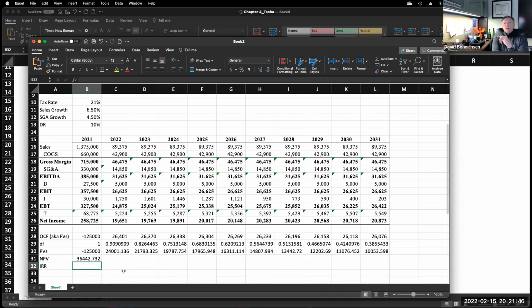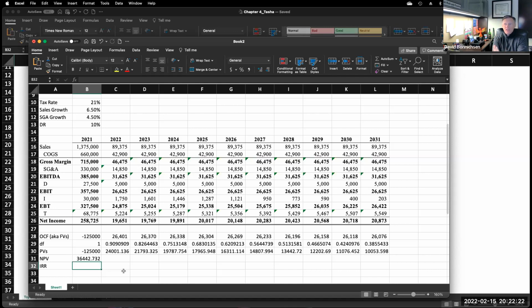So if we're trying to determine what discount rate is needed in order to set net present value dollars to zero, then we need to use the undiscounted future values, right? If we use the discounted future values, we're already accounting for some level of discounting, and we're trying to then solve for a discount rate. So if we're trying to solve for a discount rate, we need to use the undiscounted future values.